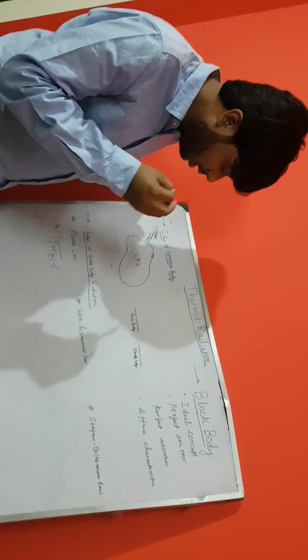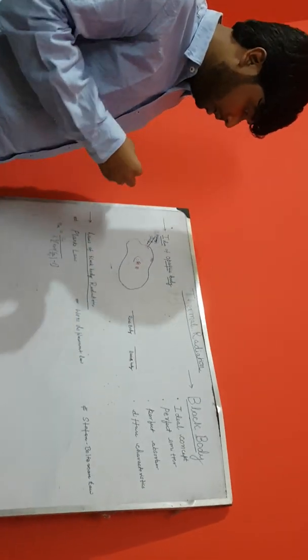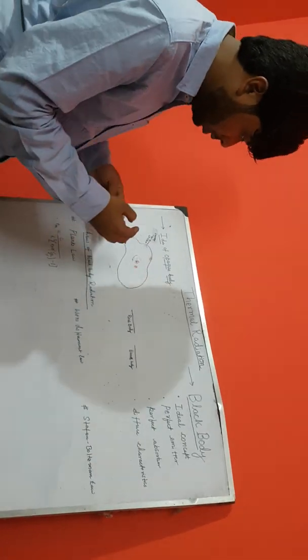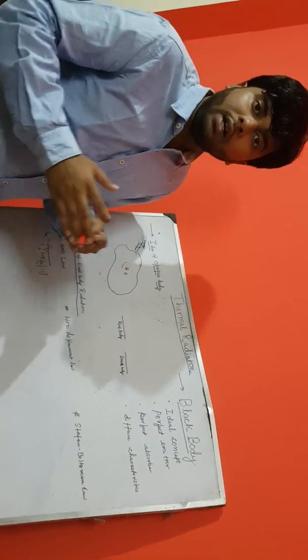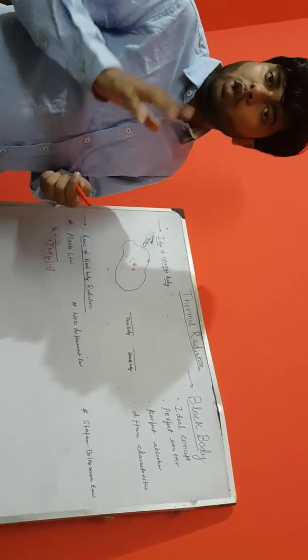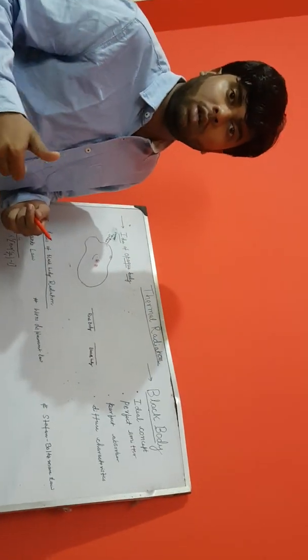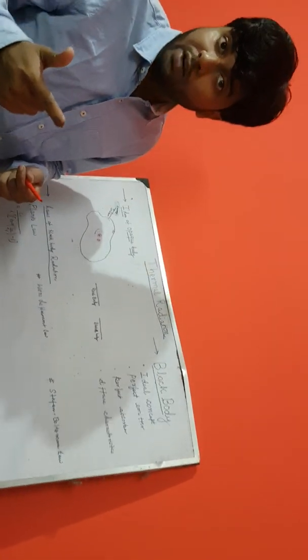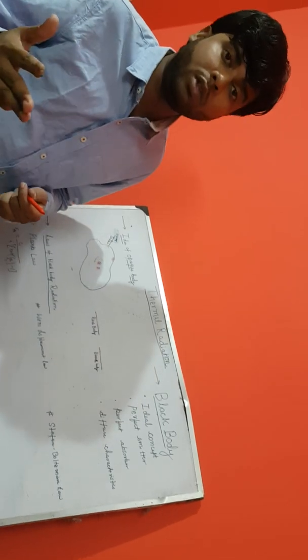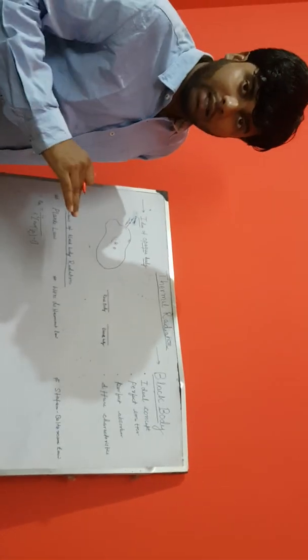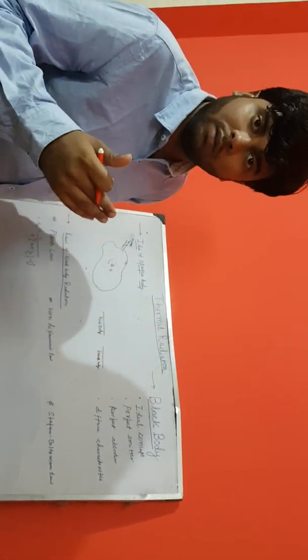Now, the emission of a body depends on three to four main factors: number one is the temperature, number two is the roughness, number three is the material, and number four is the wavelength. On the basis of these, the emission of a body is decided.